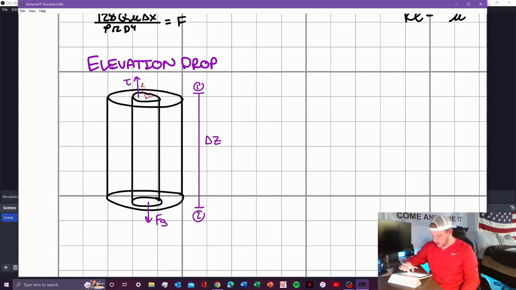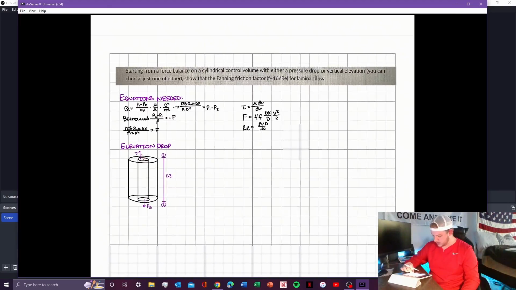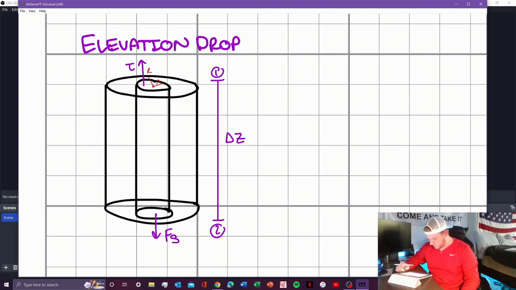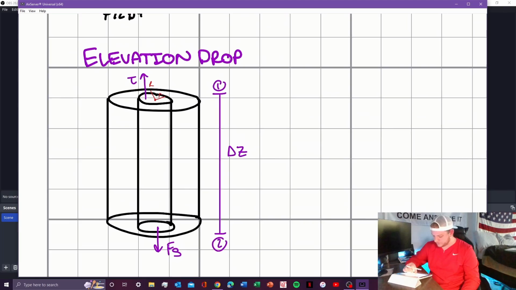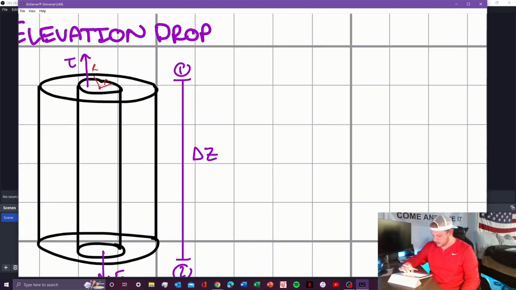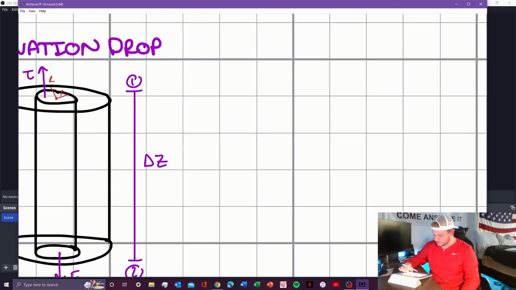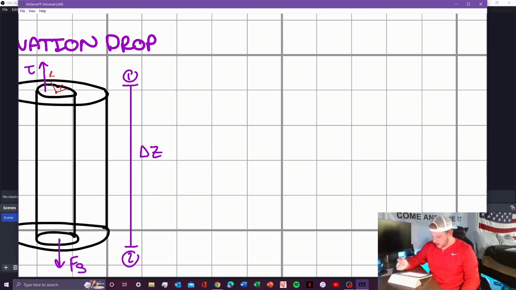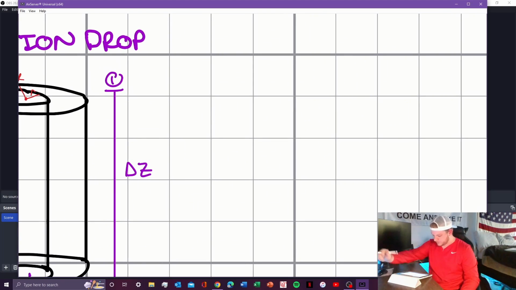So, starting off here, we have our cylindrical control volume. Acting on this volume, we have the force of gravity and a shear stress. We also have an inner radius and an outer radius, along with height delta z. So let's create a force balance. The first force we have is the force of gravity, which is rho times the volume times gravity.